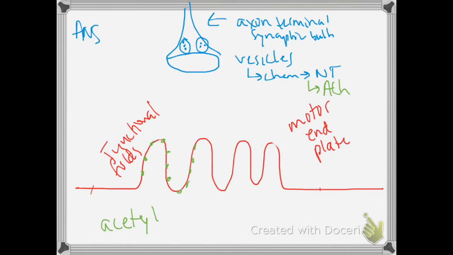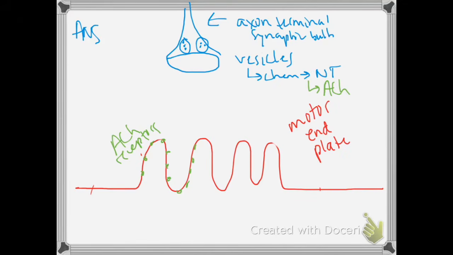So what do we think we have over here on these junctional folds? On these junctional folds, I have ACH receptors. Okay, so let's see what else we need to tell this story. We have the axon terminal with these vesicles in them holding these neurotransmitters specifically for skeletal muscle. We have acetylcholine, that's the only one we're using.